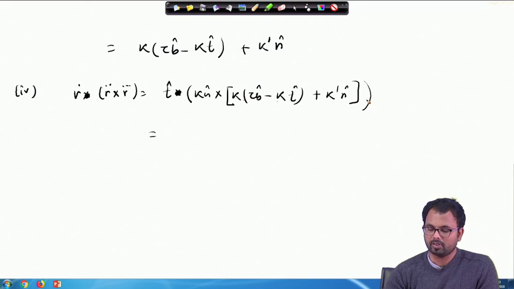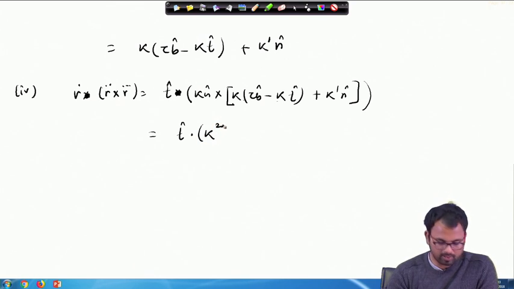Ultimately when you calculate the whole thing, it results in t cap dotted with kappa squared tau t cap plus kappa cubed times b cap.